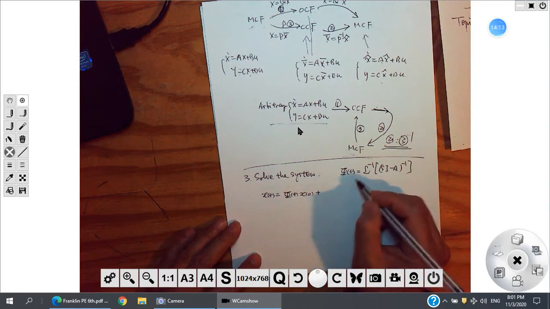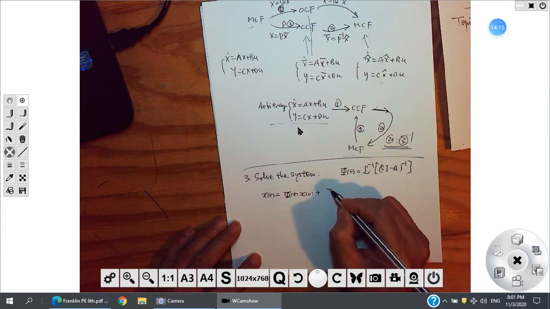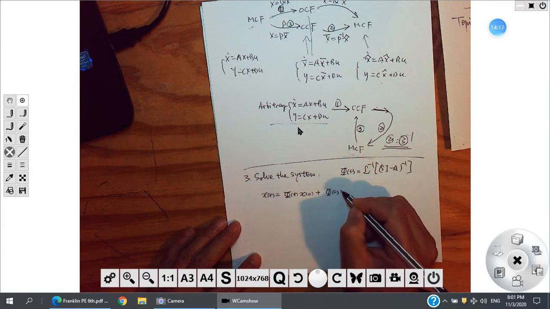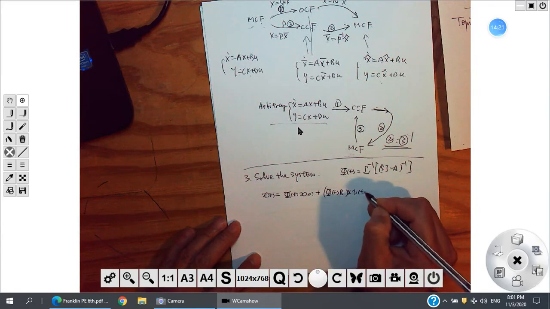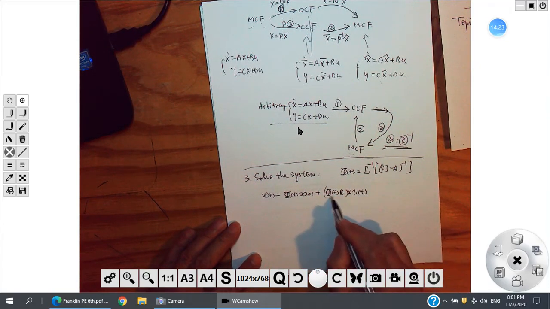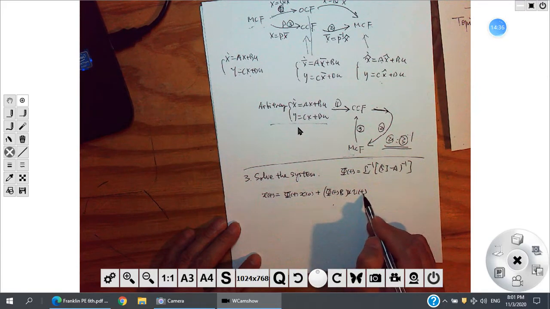It will be phi of t times B convolution with u of t. Phi of t should be a matrix times B, so you have a column vector. Then convolution with u means every element of this column convolved with u of t.